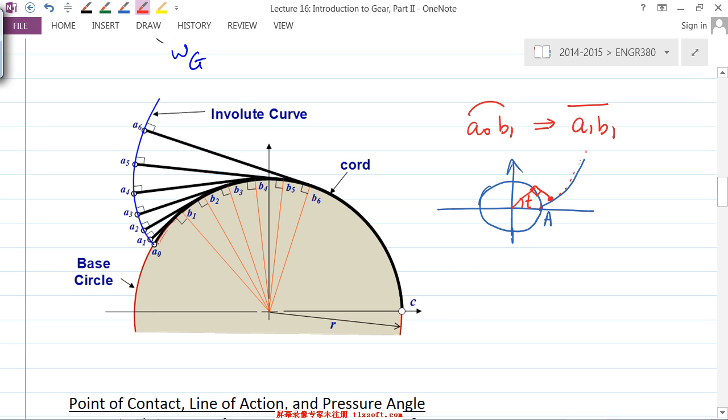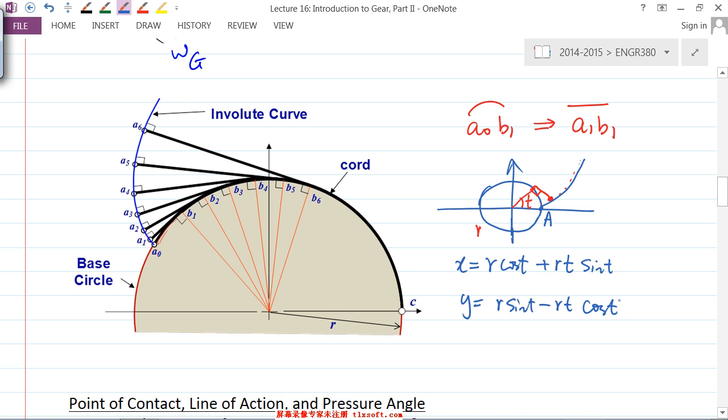Yeah. And if the radius of the circle is r, then the trajectory of this involute curve is this. x equals r cosine t plus r t sine t, and y equals r sine t minus r t cosine t.